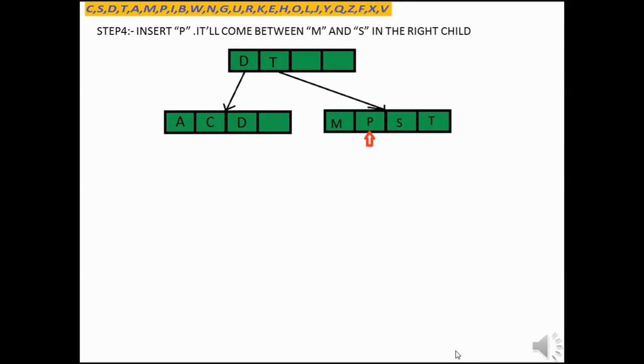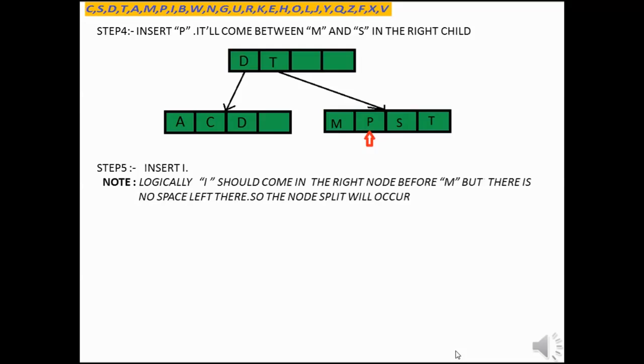Then step 5, insertion of I. Note, this is an important step. You have to really be careful in this step. Following the previous algorithm, we see that logically I has to come in the rightmost node before M. Why?